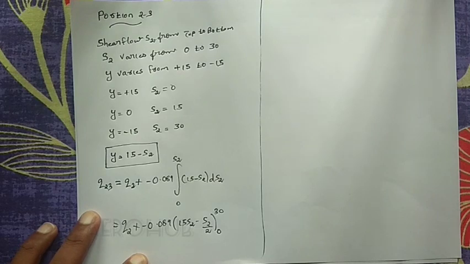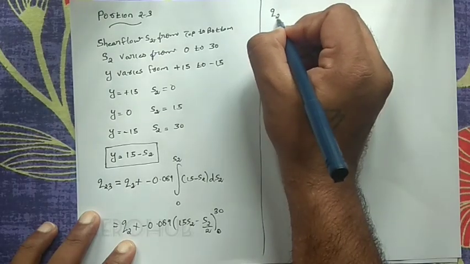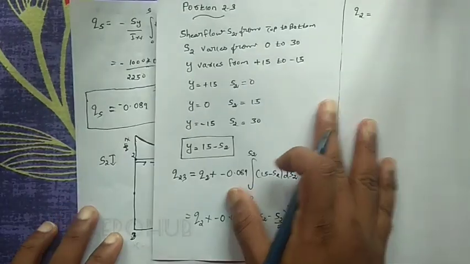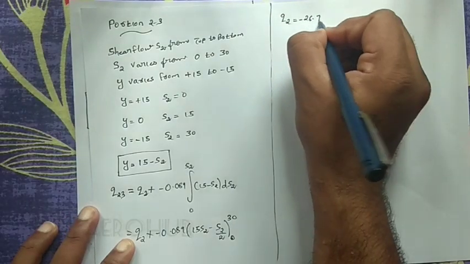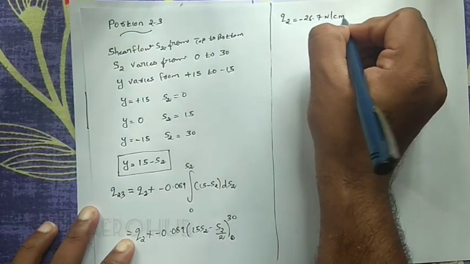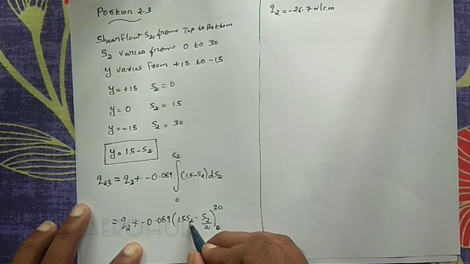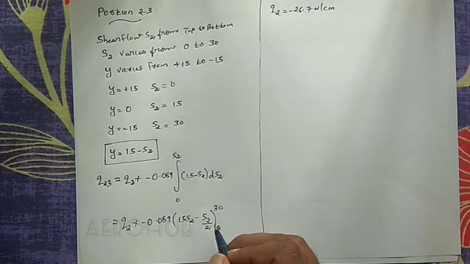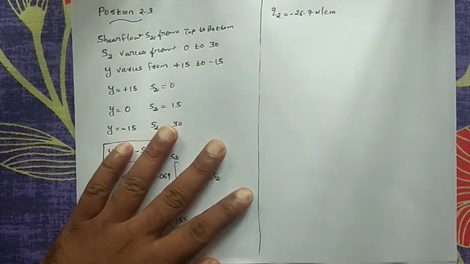Okay, now when I am substituting the lower limit, you will be getting 0 here. So the value of Q2 will be same as the previous step. So you will be getting Q2 is equal to minus 26.7 Newton per centimeter. When we substitute the lower limit, the S2 value will become 0, so it will be 0 here. So Q2 will be minus 26.7, which we got in the previous step.